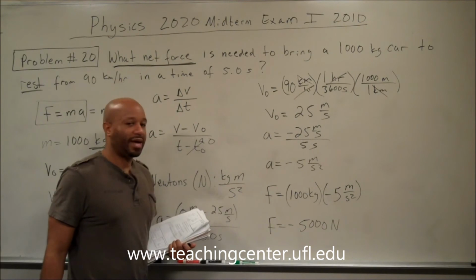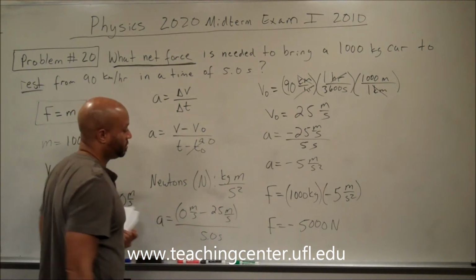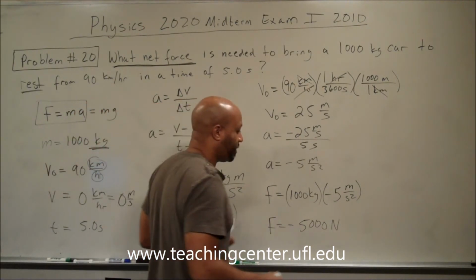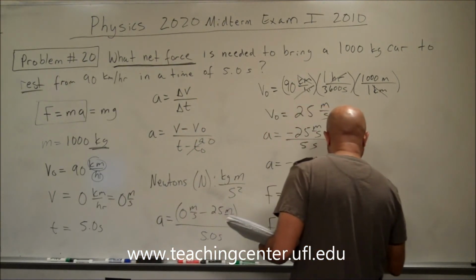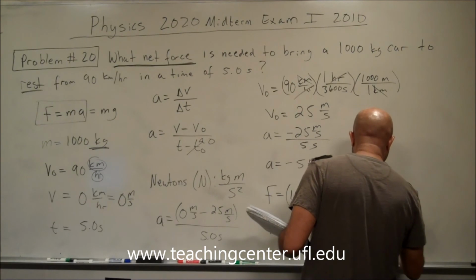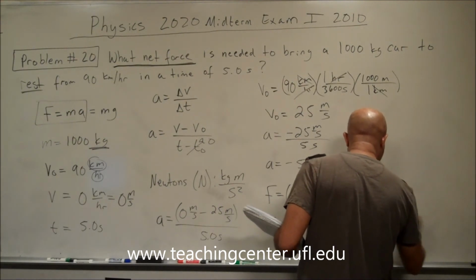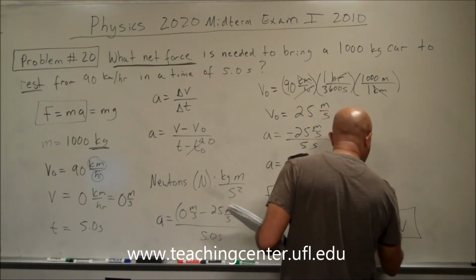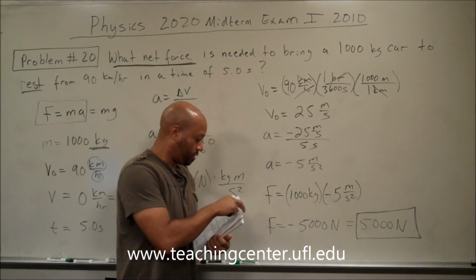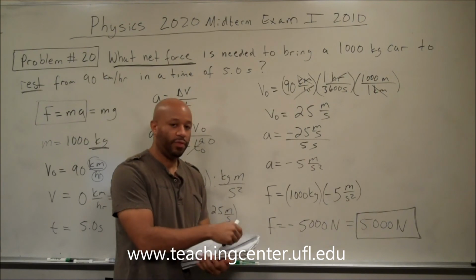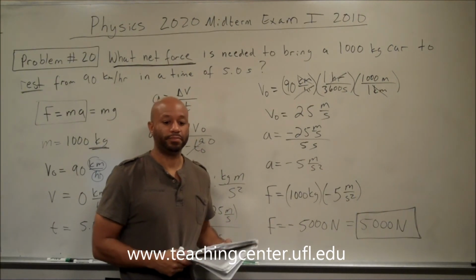But it's asking us the net force, so basically we just want the magnitude of the force. So that's just going to be 5,000 newtons. And that is the solution to this problem.